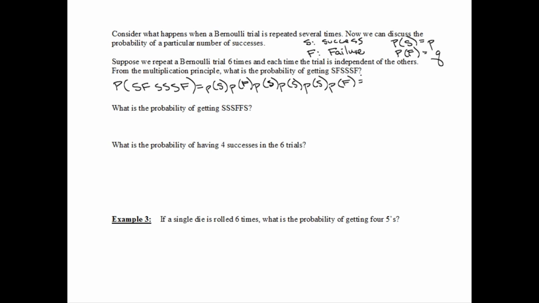So this will be P, and then Q, and then 3 P's in a row, and then another Q. Since these are just numbers and we can multiply them in whatever order, that gives me P to the 4th Q squared. Okay, what if I have 3 successes, then 2 failures, and then a success?